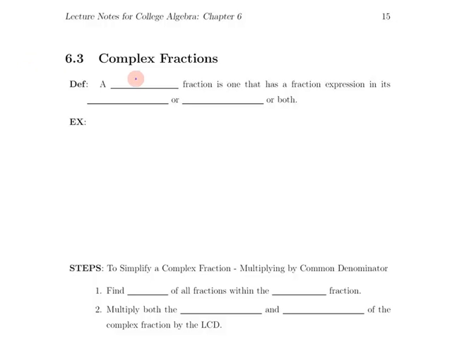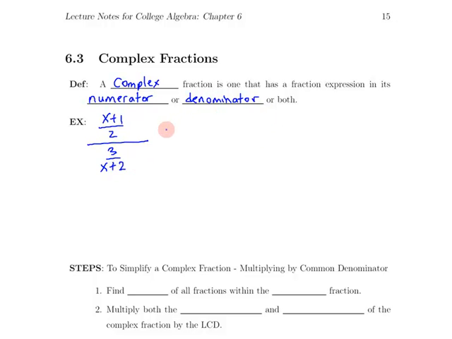The definition of a complex fraction is as follows. A complex fraction is one that has a fraction expression in its numerator or denominator, or both. So you've got fractions inside fractions. So here's a few examples of what you might see. Something simple like (x plus 1) over 2 divided by 3 over (x plus 2) is a complex fraction.